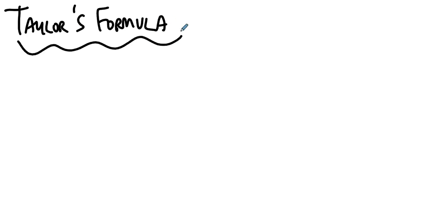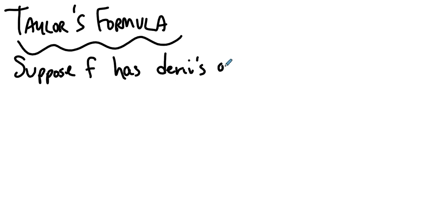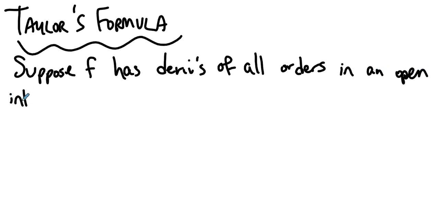So let's talk a little bit about Taylor's formula. And Taylor's formula, well, let's set it up. Let's suppose that f has derivatives of all orders, which means that you can always take the next derivative in an open interval.